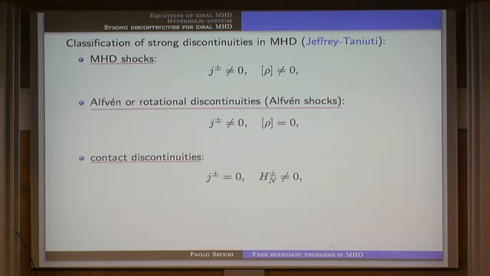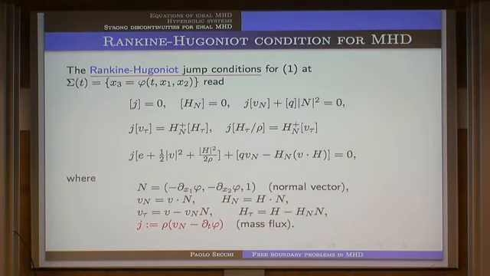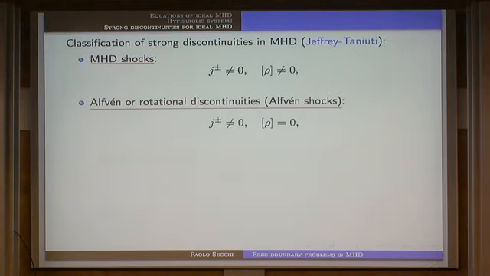Contact discontinuity, where J is 0, so there is no mass transfer across the front, and the normal component of H is continuous. I show you again, you see that the normal component has to be continuous. It comes from the fact that H is solenoidal. So Hn is continuous, but Hn plus and minus are different from 0.